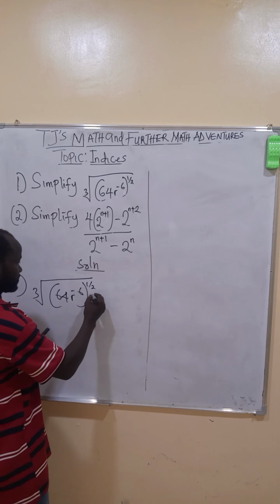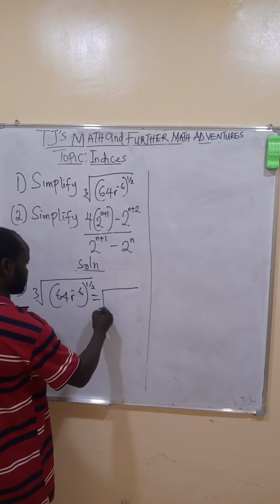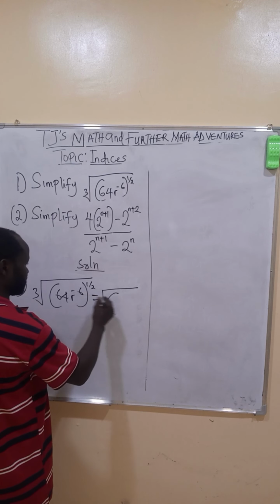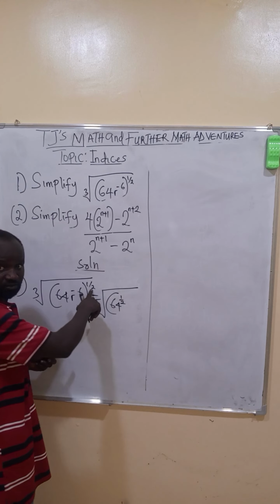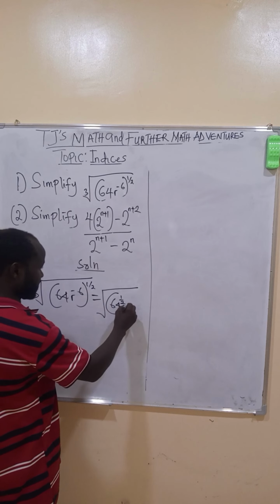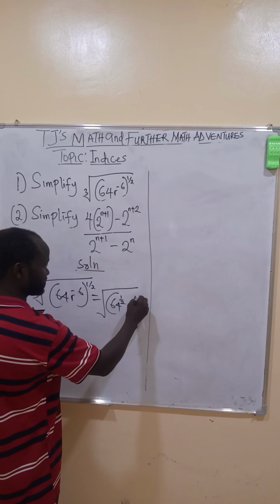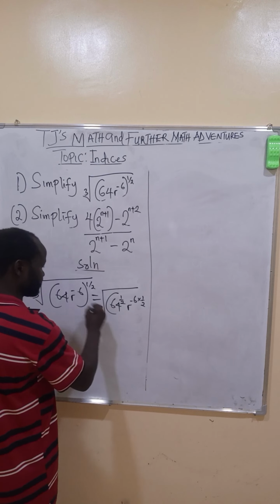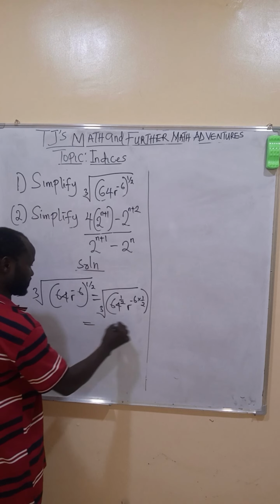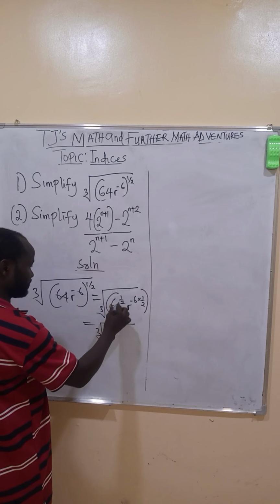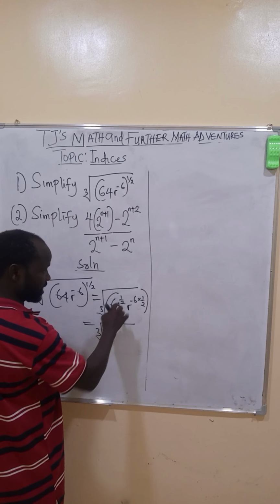So I can write this as the cube root of 64 power half, that's outside the bracket now, then r power minus 6 times power half, all in bracket. So this is the same thing as the cube roots of 64 power half.